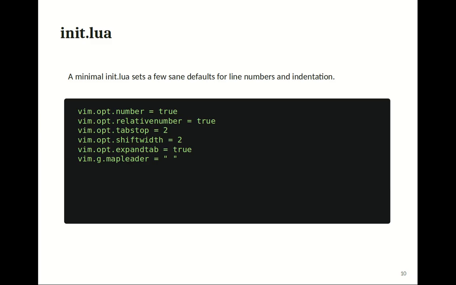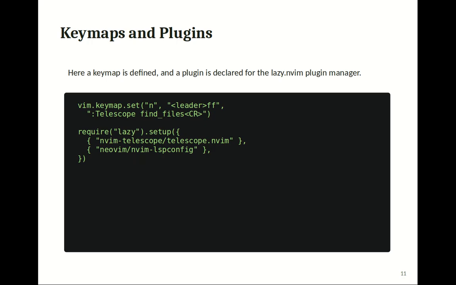A minimal init.lua sets a few sane defaults for line numbers and indentation. Key maps and plugins. Here, a key map is defined and a plugin is declared for the lazy.nvim plugin manager.